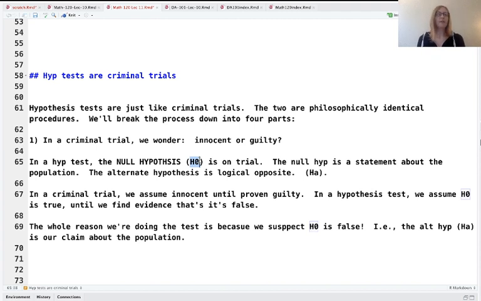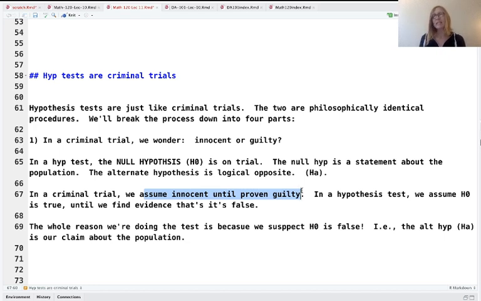On the other hand, there's got to be an alternate hypothesis. And the alternate hypothesis is the claim or question that we're investigating. In a criminal trial, we always assume that they're innocent until proven guilty.